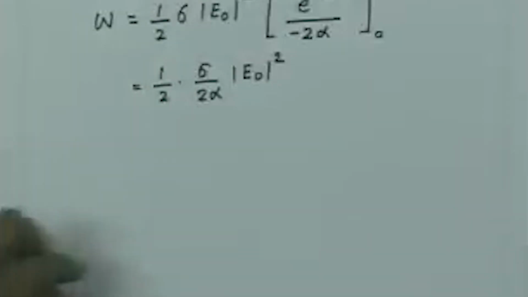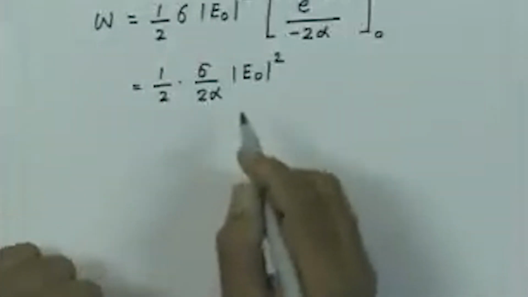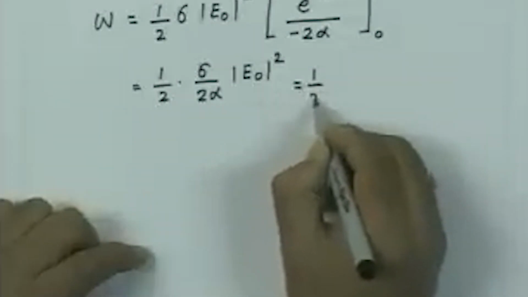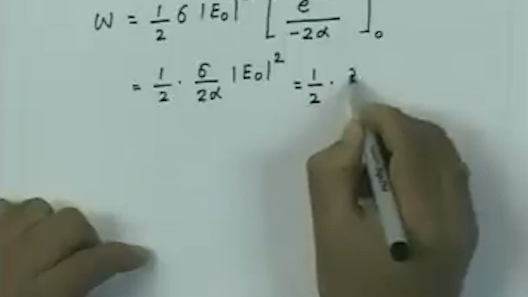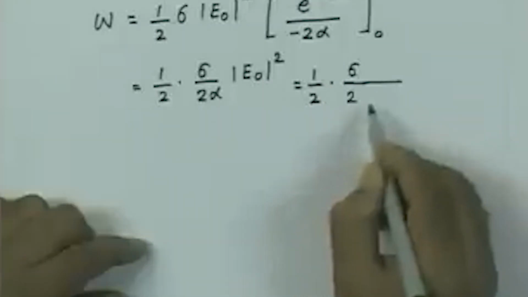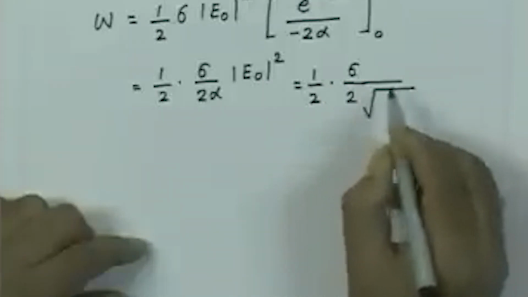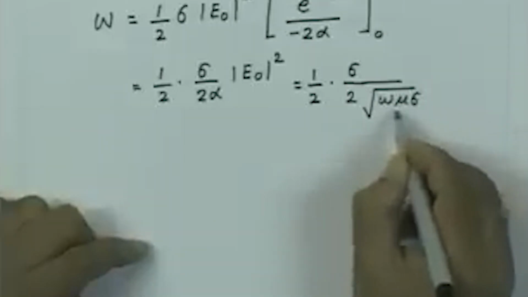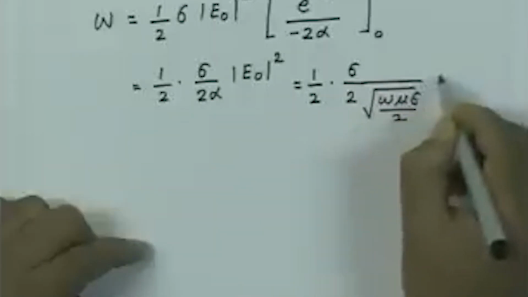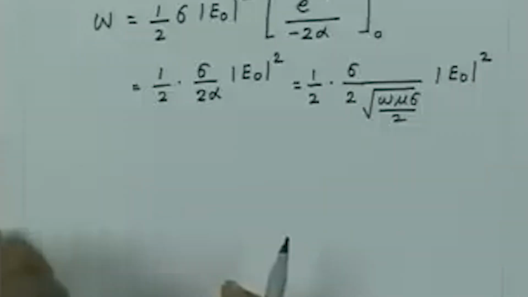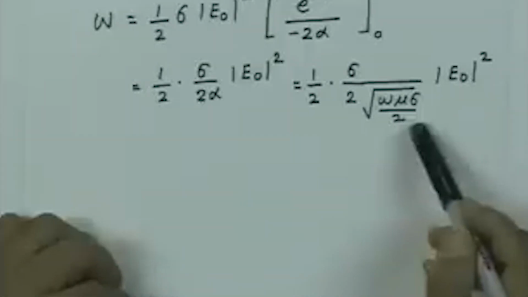I can substitute in terms of alpha here, and I will get half sigma upon 2 times square root of omega mu sigma upon 2, into E naught square, which I can combine.